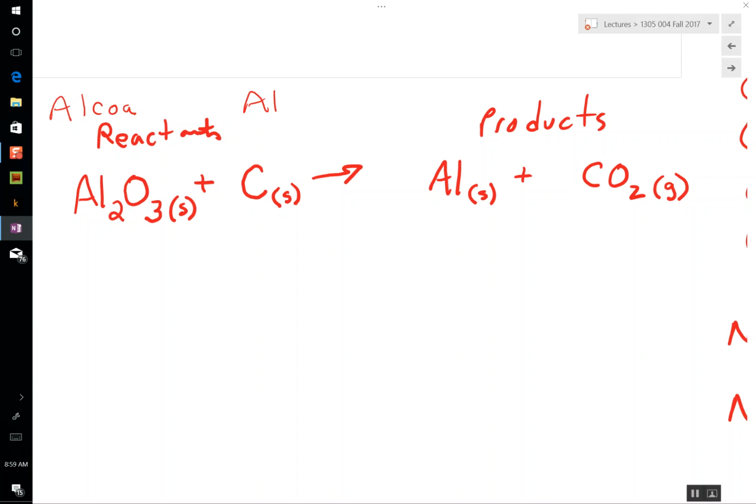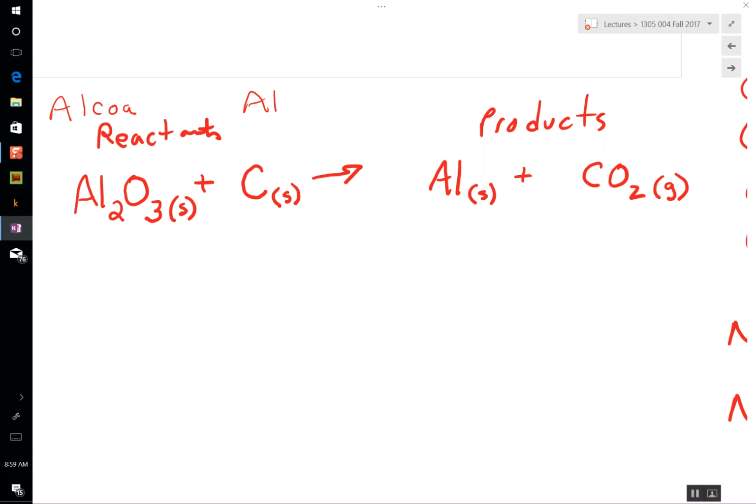That would get my oxygen all balanced. I could change the formula. Can't do that. The product coming out of here is not CO3, it's CO2. CO3 is not a product. CO3 is a polyatomic ion, carbonate ion. That's not what comes out of this equation. It's carbon dioxide gas that comes out of this equation. But that would be really convenient if I could change the formulas, but you can't do that.